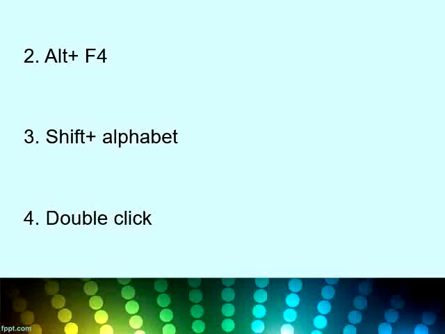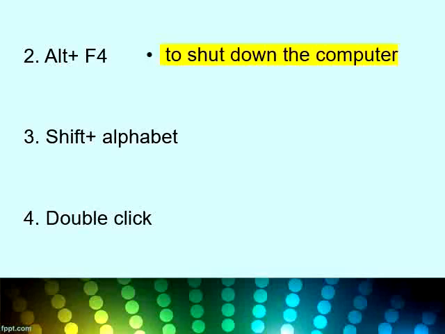Alt plus F4. What do we get when we press Alt plus F4? Right, our computer is shut down. So, are you keeping the score? Where are we now? At 22. Amazing, isn't it? 2 in the tens house, 2 in the ones house.